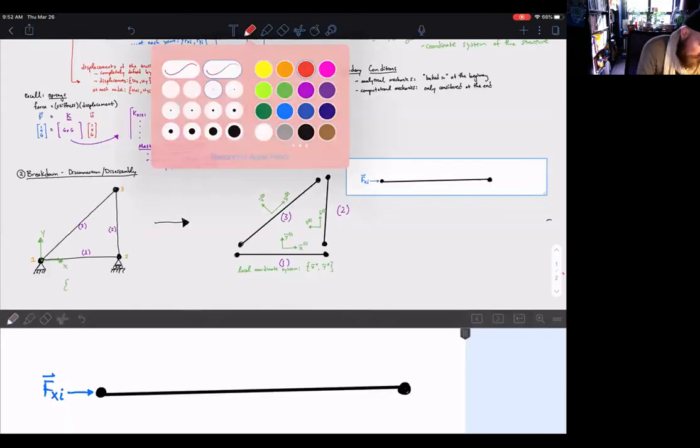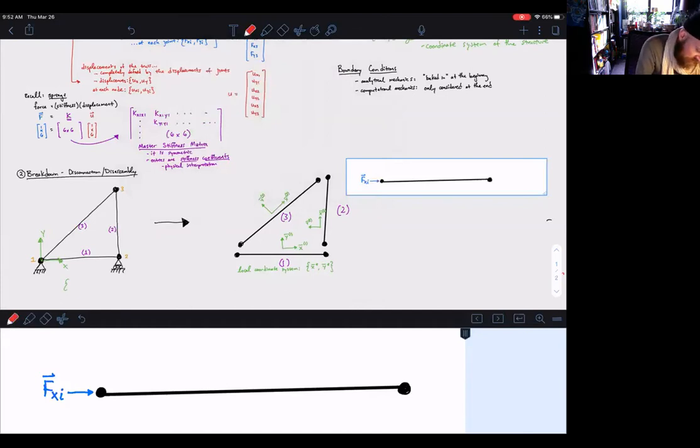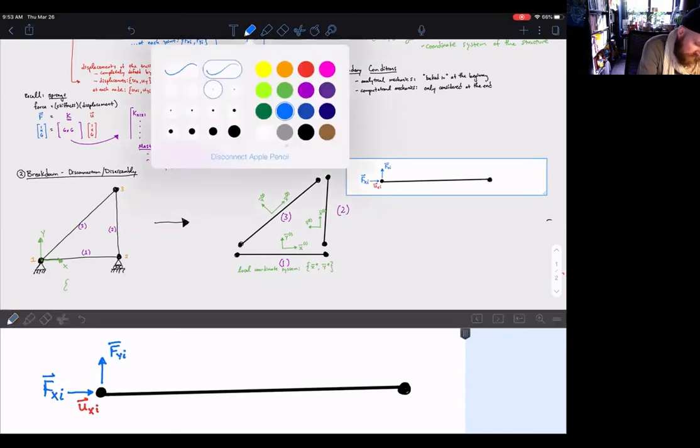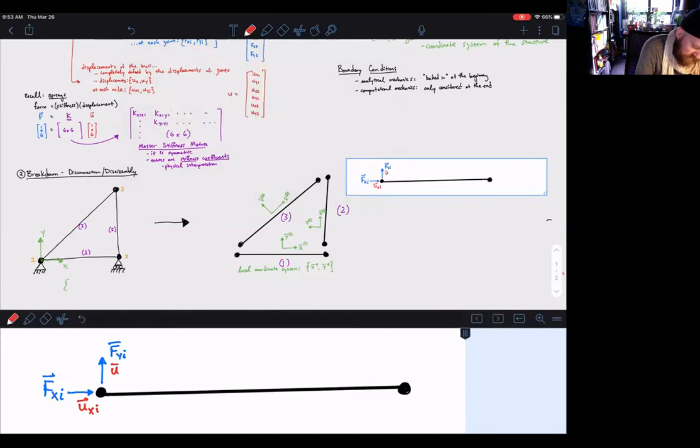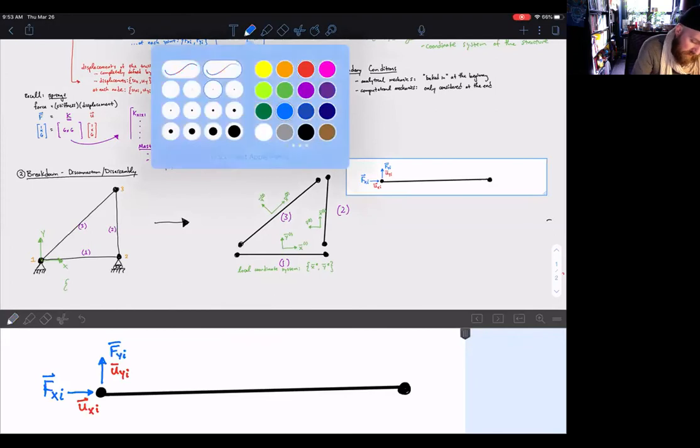And this will lead to a corresponding displacement of this node, which would be u x i. So this is the ith node. In general, we could allow there to be displacements in the y direction. So we could say that there's also a force f y i that would lead to a displacement u y i.